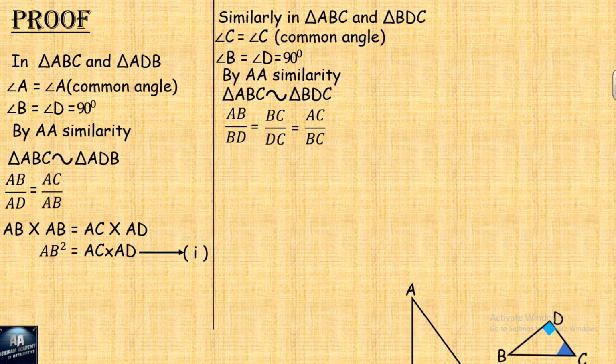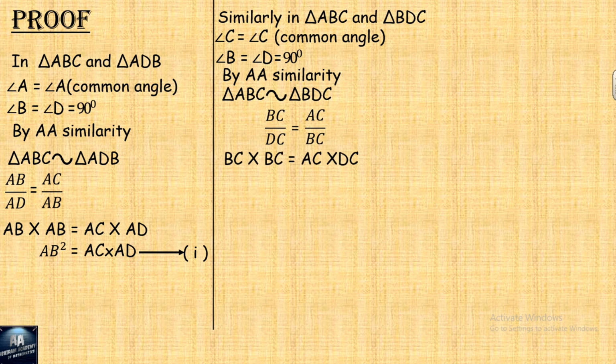Let us consider BC by DC is equal to AC by BC. By cross multiplication, we get BC multiplied by BC is equal to AC multiplied by DC. That is, BC square is equal to AC multiplied by DC. Let us consider this as equation 2.